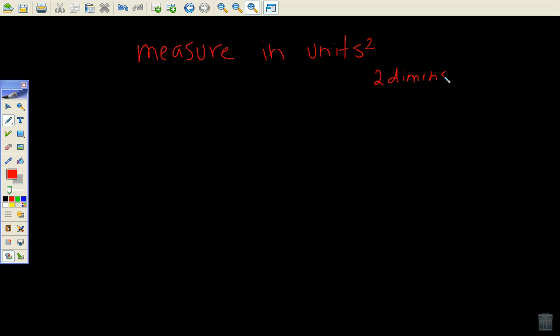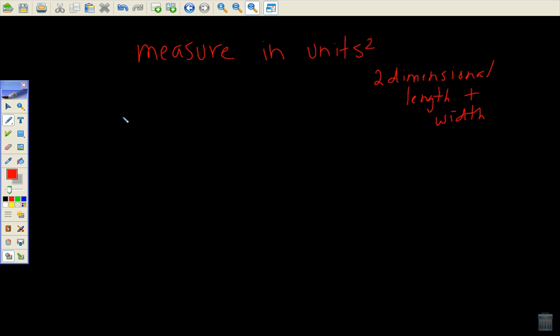The 2 dimensions we're using are the length and the width. So perimeter was just one dimensional, and when you don't put anything next to the unit, it's actually like there's an imaginary one there. Two dimensional, we actually have to put the little two.